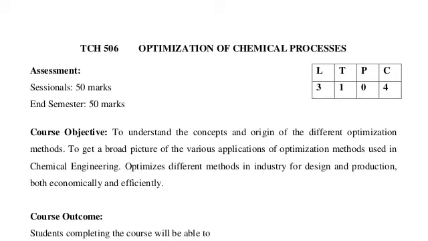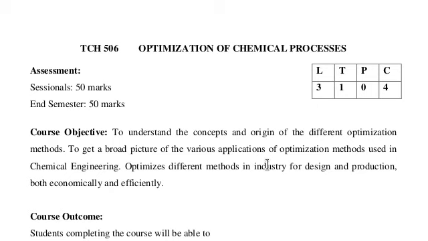So students, welcome to this first class of your optimization of chemical processes course, and all of you must be having this syllabus. The code is TCH506 and the name of the course is Optimization of Chemical Processes, or OCP, and this is your criteria.